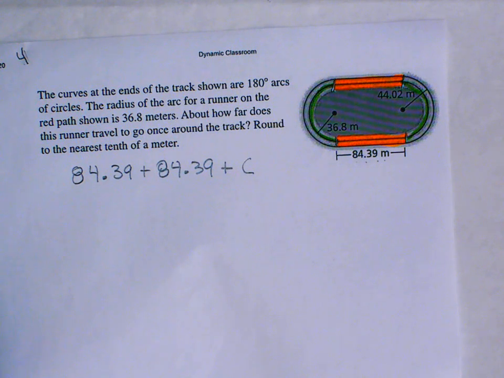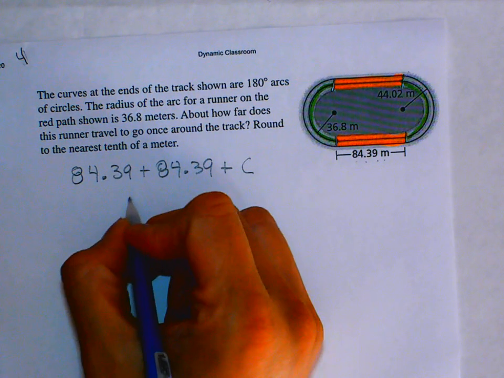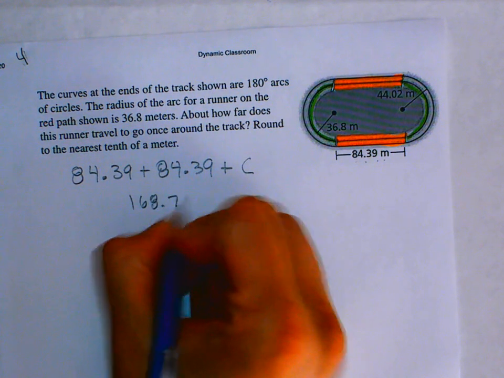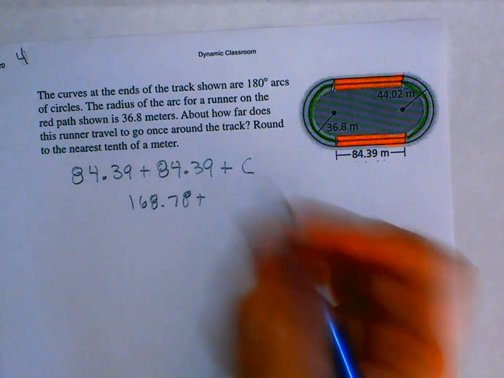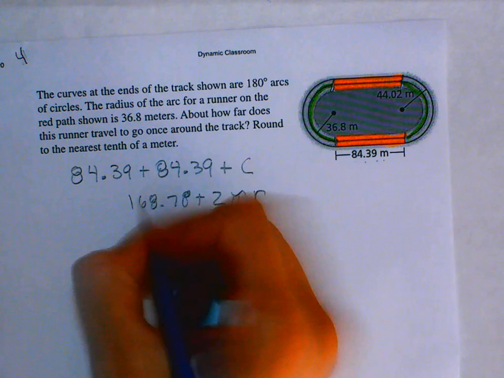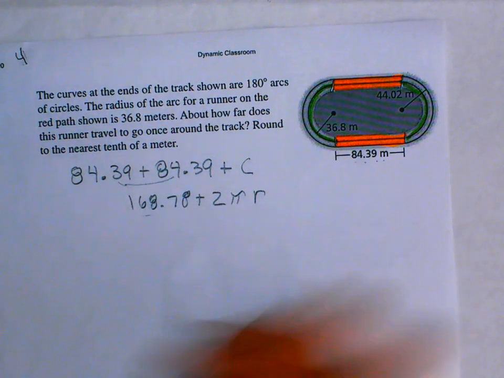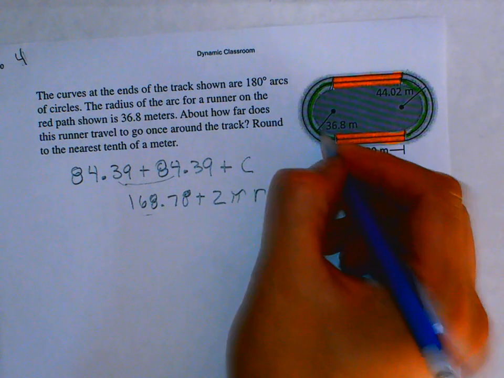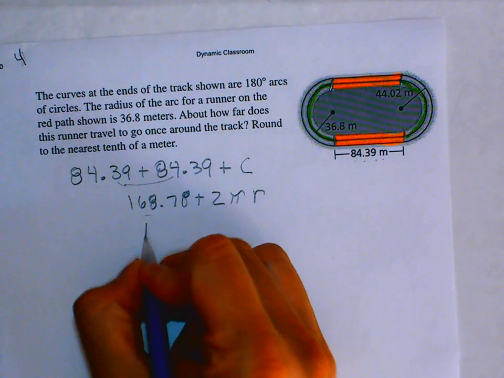84.39, if I multiply that by 2, I get 168.78 plus the circumference of the circle, which is 2 pi times the radius. I get this number by adding these two. Now the radius is 36.8. So I'm going to make that substitution.